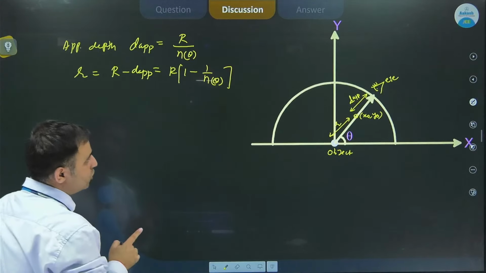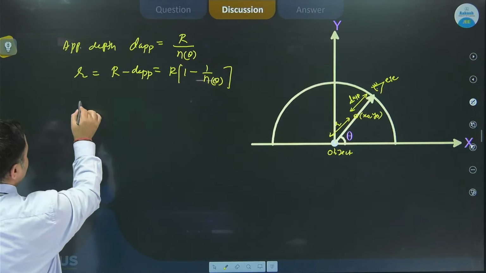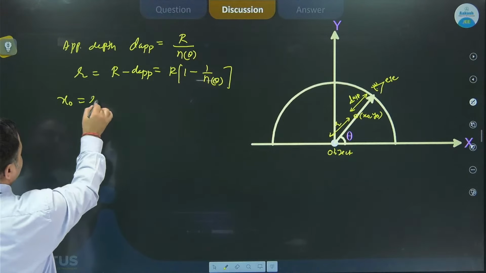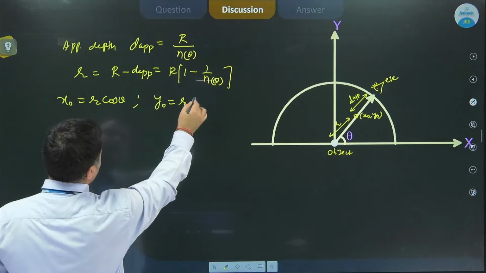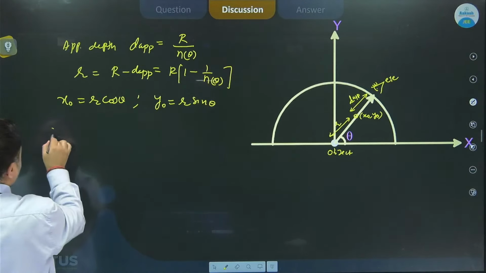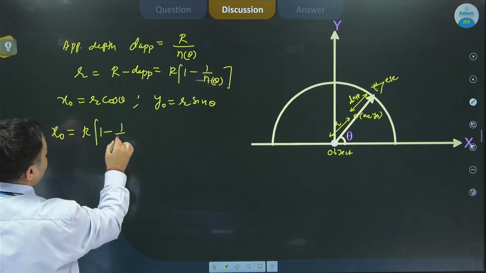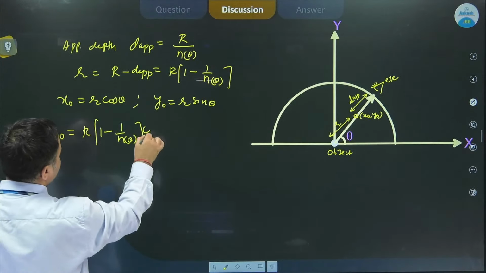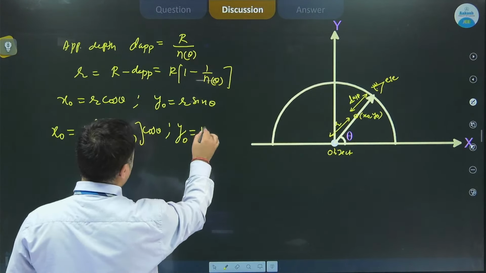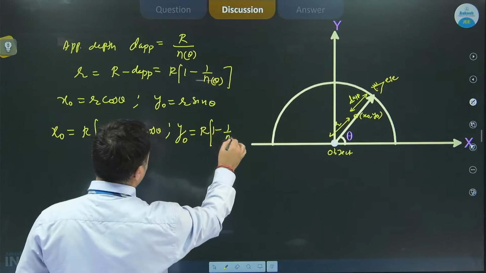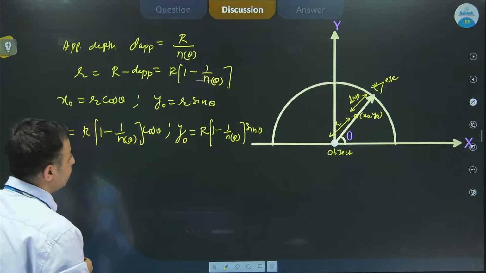So we can write the coordinate x naught comma y naught in terms of r. Coordinate x naught is equal to small r cos theta and y naught is small r sin theta. Now x naught is equal to r times 1 minus 1 by n theta into cos theta, and y naught is equal to r times 1 minus 1 by n theta sin theta. So these are the coordinates x naught and y naught that I have.